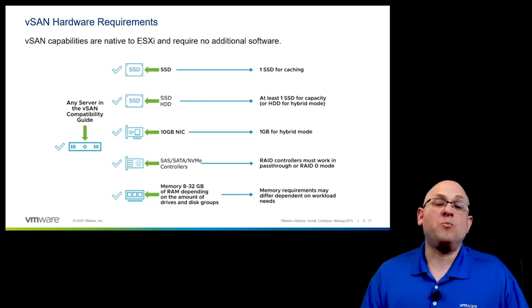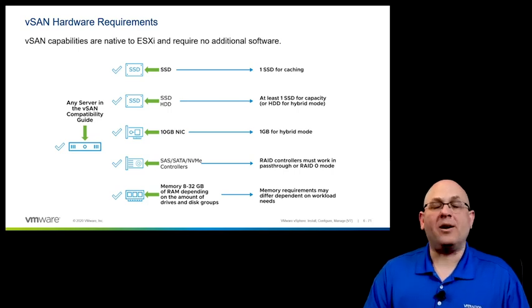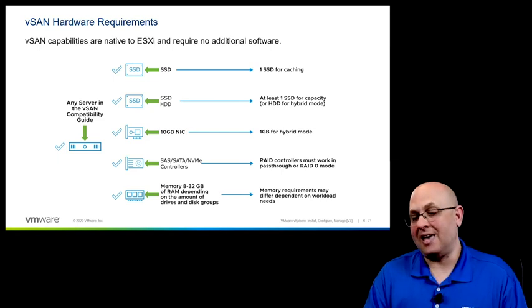Finally, we need some RAM on our ESXi hosts. Now, ESXi itself requires a minimum of 4 gigs of RAM. But if you're actually doing vSAN on those hosts, we require a minimum of 8 gigs of RAM.